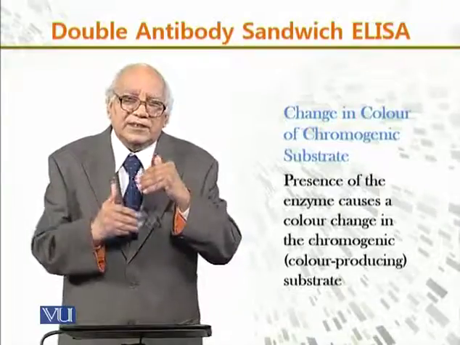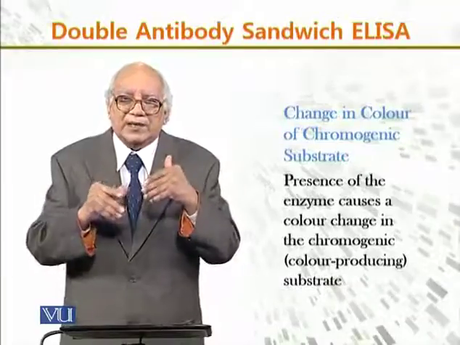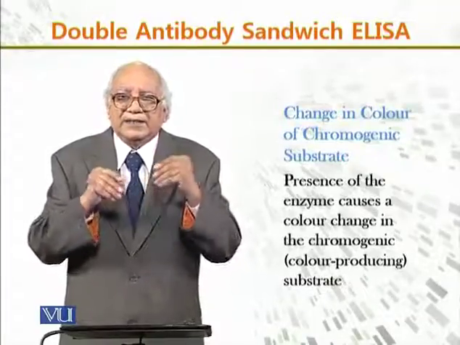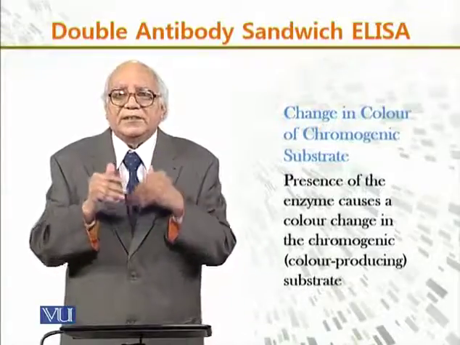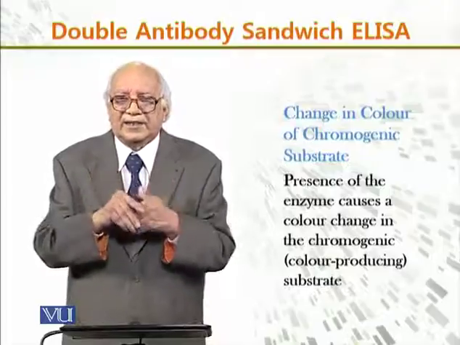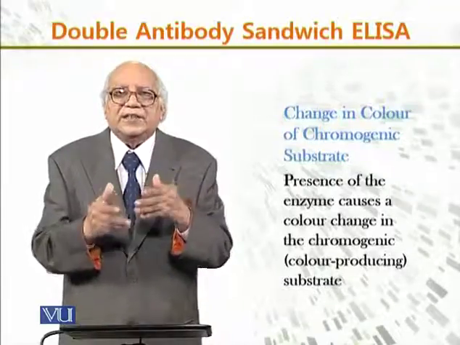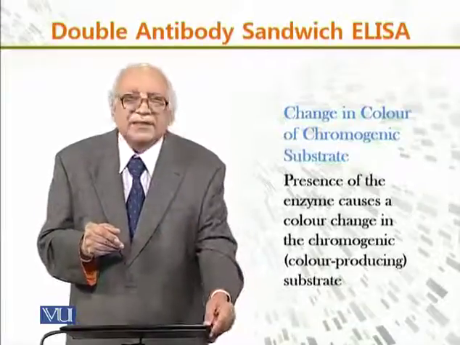So in addition, there is a marker enzyme, and the change in the color of the chromogenic substance occurs, and by reading that color we can determine whether the antigen is present or not.